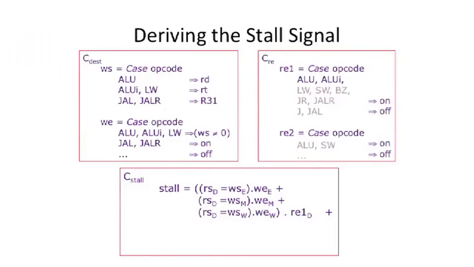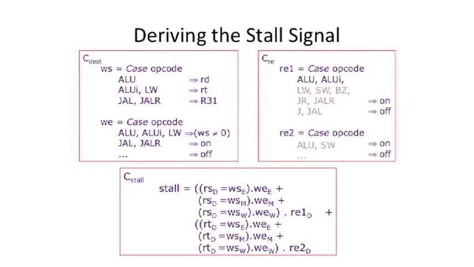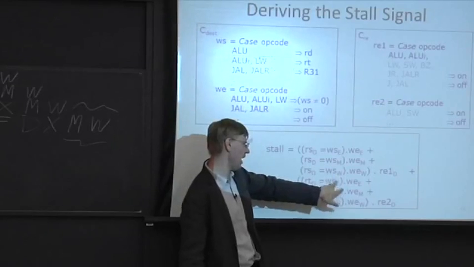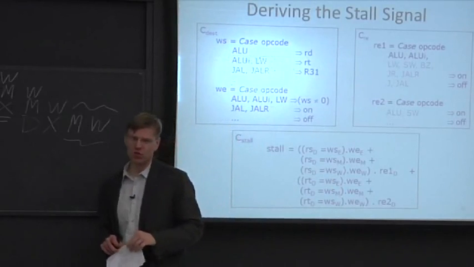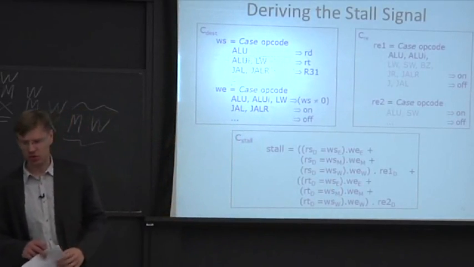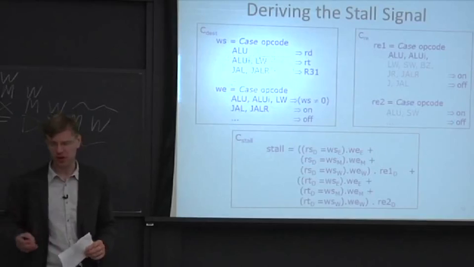And we do a similar sort of thing here for the second source operand. We use RE2 that we derived here, and we AND it together with an expression which says, is the register identifier RT in the instruction the same as the different destination register identifiers in the subsequent instructions in the later stages of the pipe?